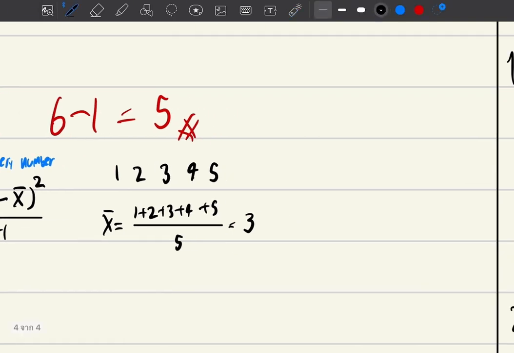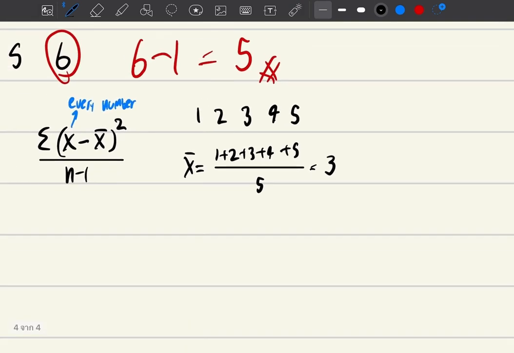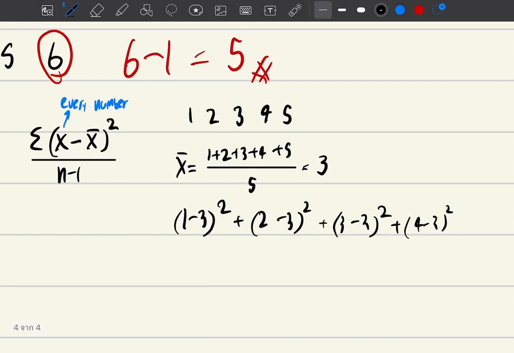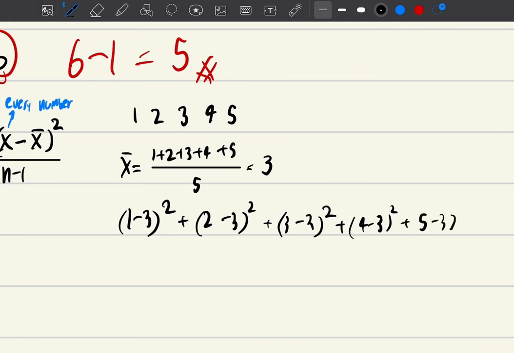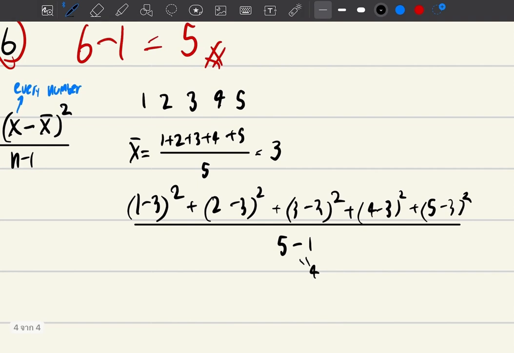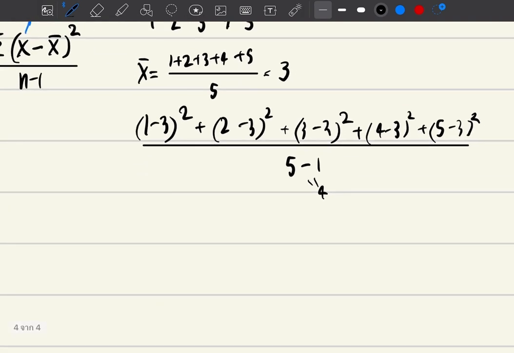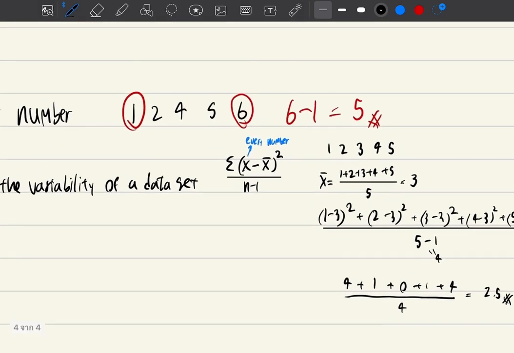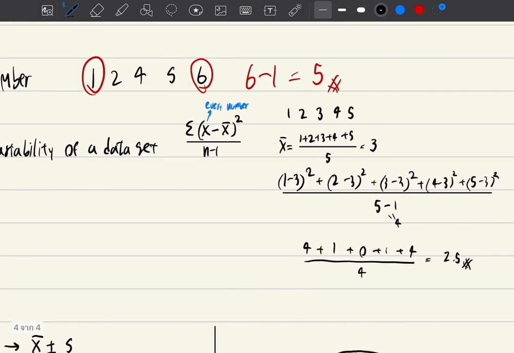So it's gonna equal 1 minus 3 squared plus 2 minus 3 squared plus 3 minus 3 squared plus 4 minus 3 squared plus 5 minus 3 squared, and divide all of it by n minus 1, which is 5 minus 1 equal to 4. So it's gonna equal 4 plus 1 plus 0 plus 1 plus 4 divided by 4 equal to 2.5. So the sample variance of this dataset is 2.5.